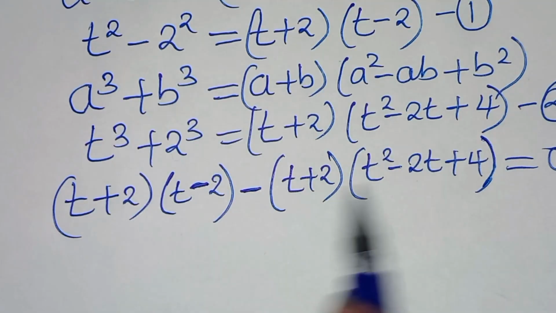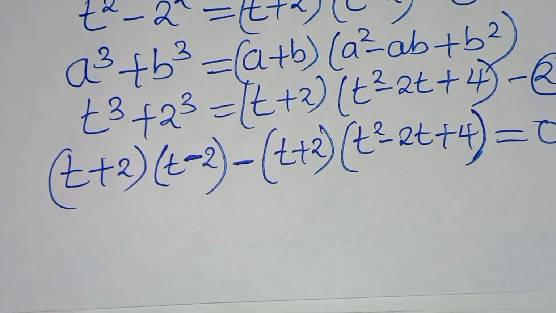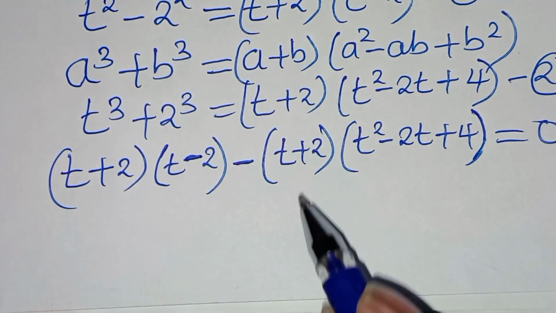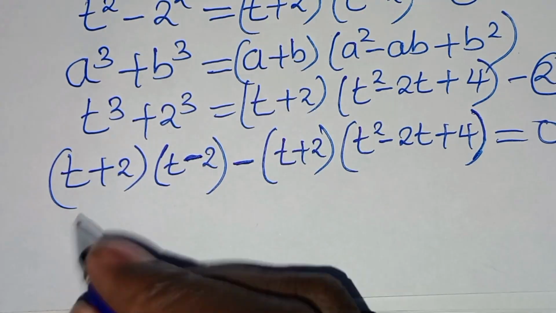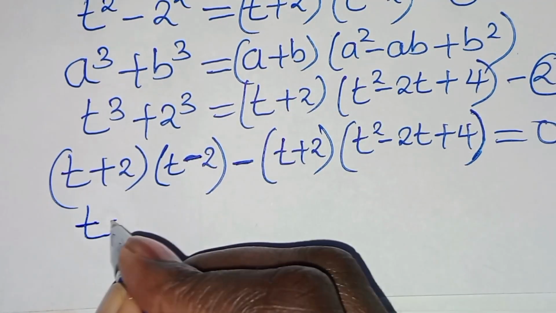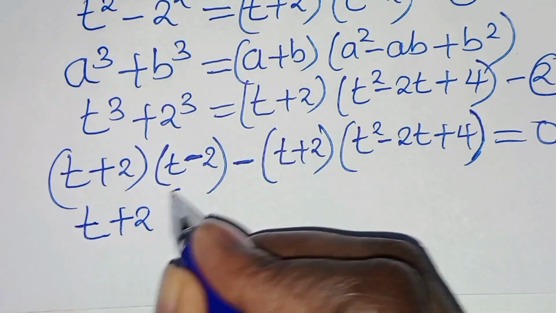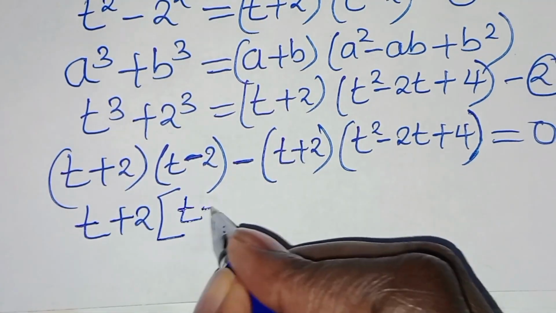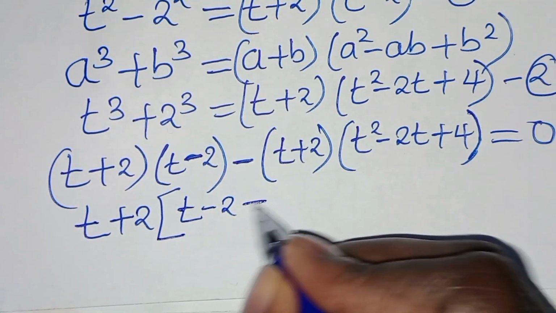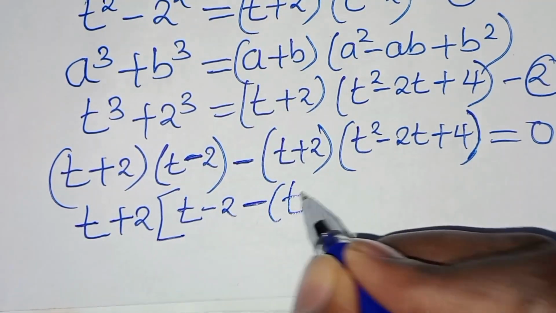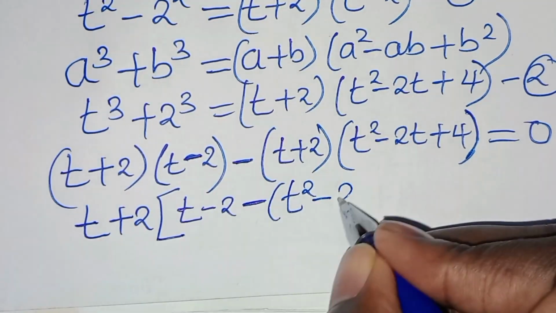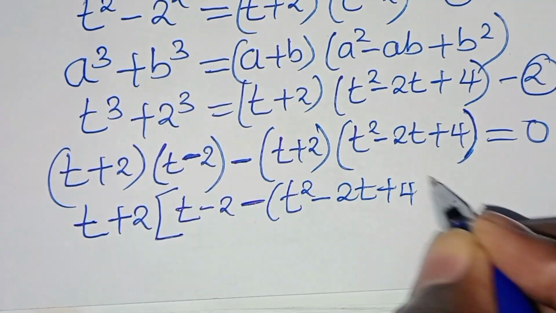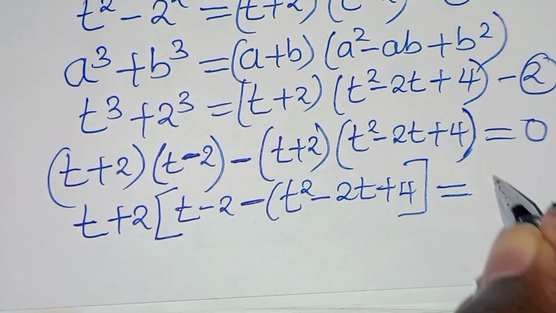So from this part here, we have that t plus 2 is common, so we can factor out t plus 2. So that now, in the parentheses, we'll have t minus 2, then minus t squared minus 2t plus 4, close the bracket, this is equal to 0.